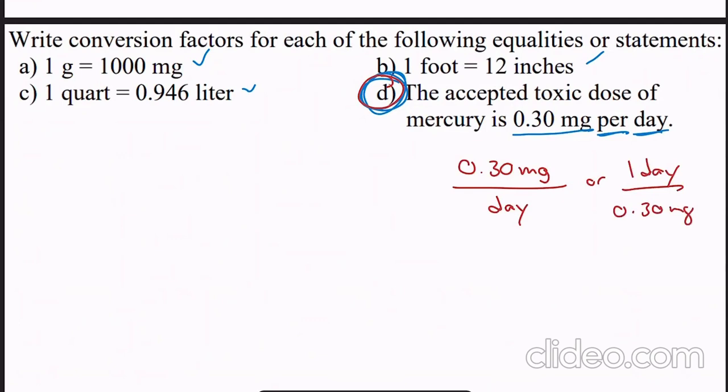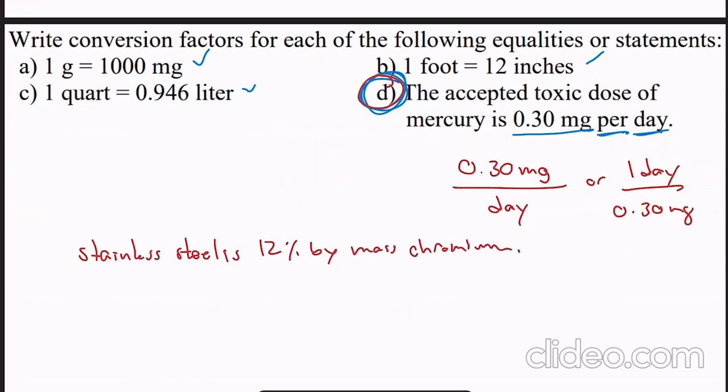Let's write another statement here. How about stainless steel is 12% by mass chromium.